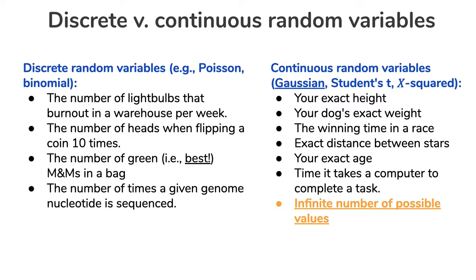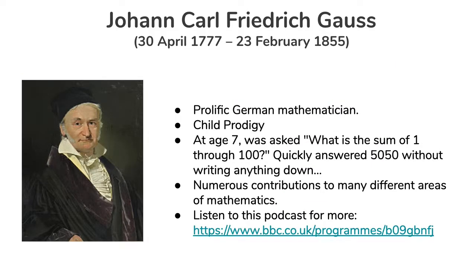Okay, so the Gaussian distribution or Gaussian random variables come from this guy named Johann Gauss. Probably all of you have heard of him, at least in one way or another before. He was an absolutely prolific mathematician. He was a child prodigy.